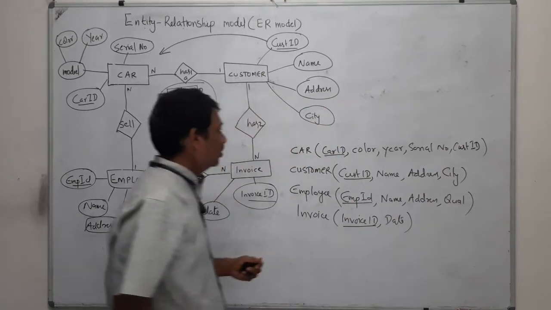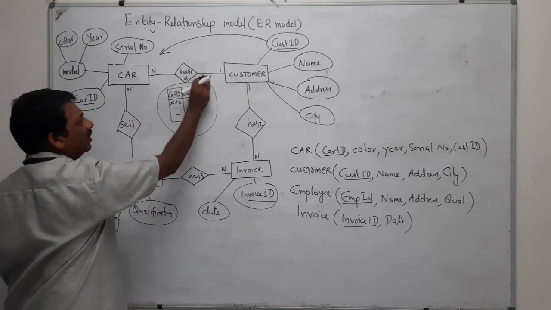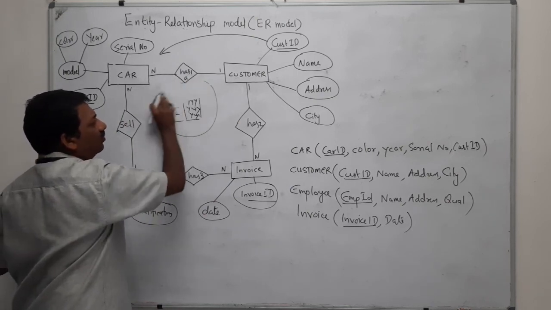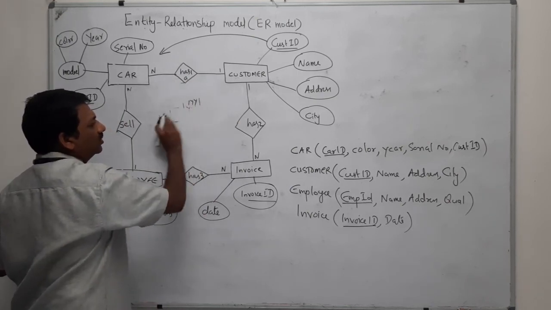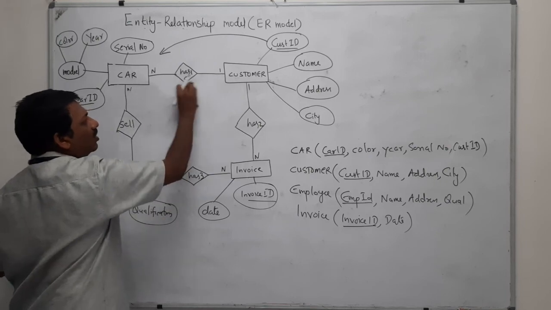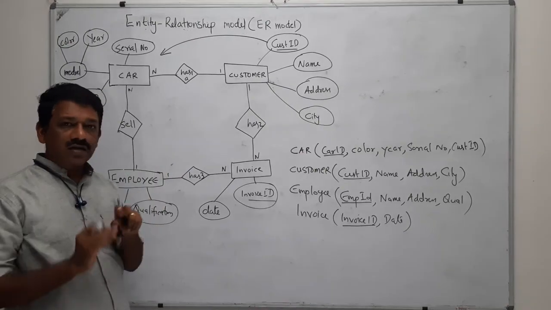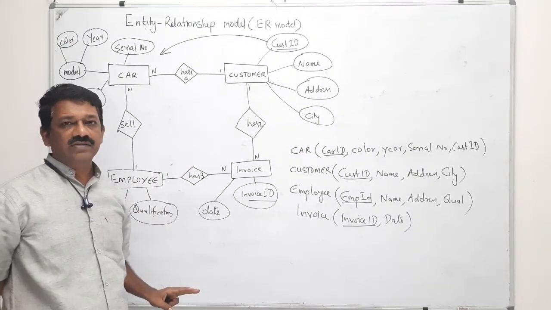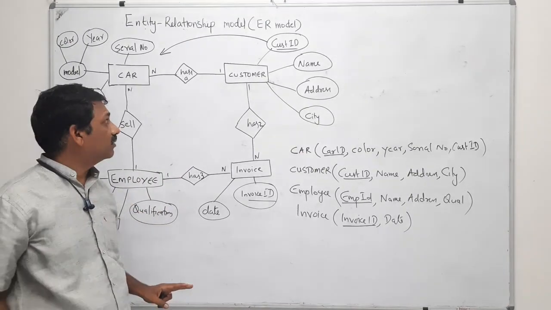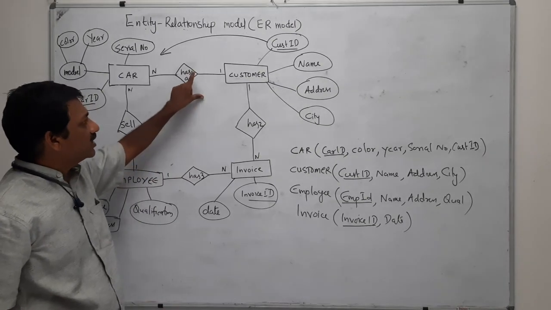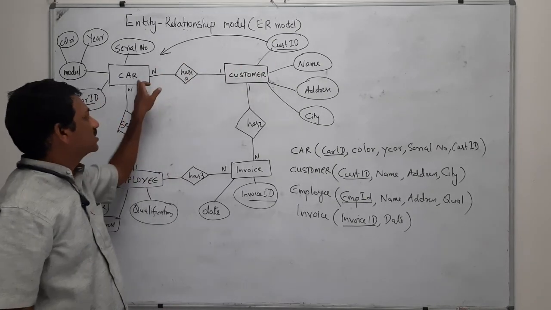So now this is over. For this "has" relationship, there does not exist any table. Why? Because we have transferred this customer ID to this.